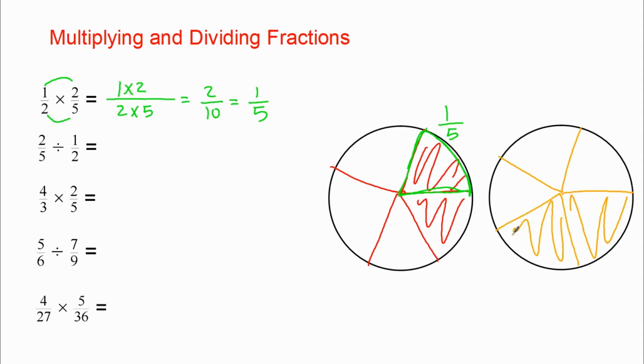When you say 2 over 5 divided by half, basically we are asking what is 2 over 5 out of 1 over 2? So what is the 1 over 2 of this unit? If I put this line and straighten this up, that would be 1 over 2, and this section would be 1 over 2.